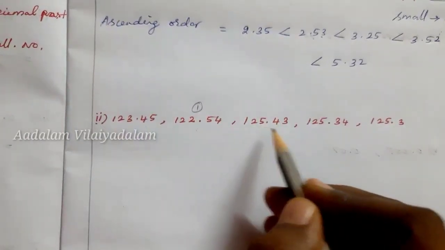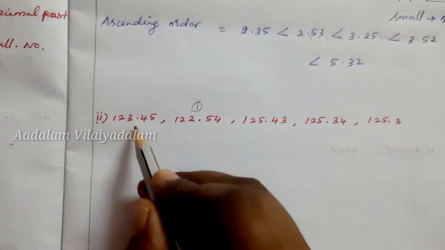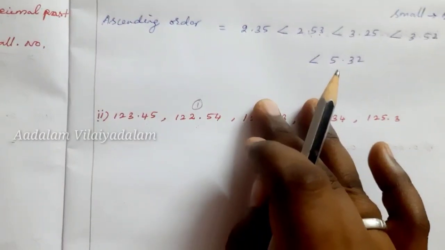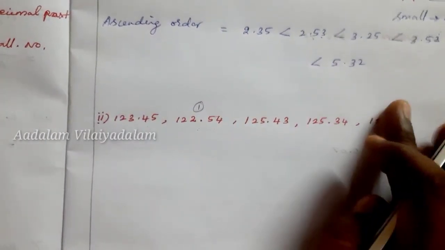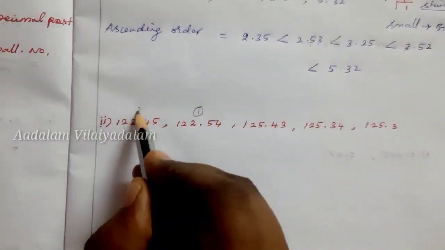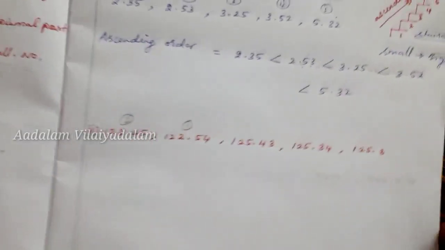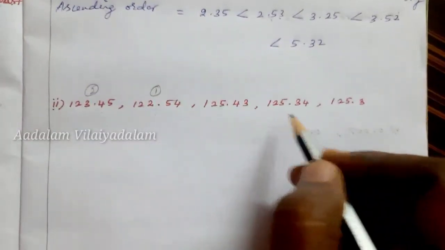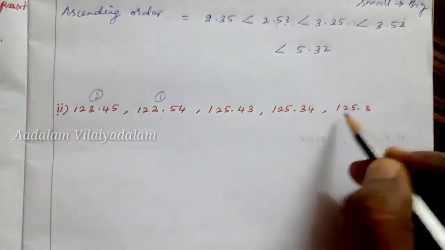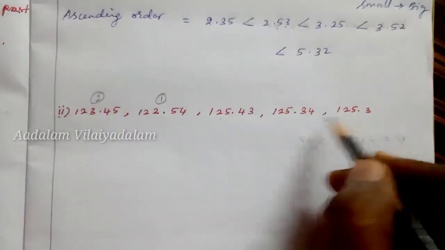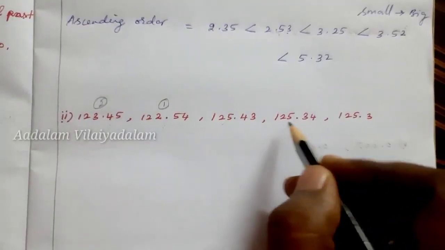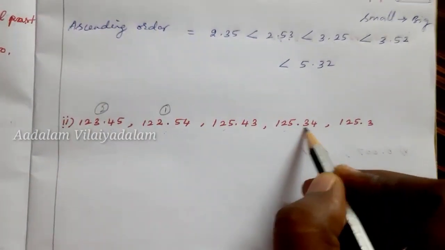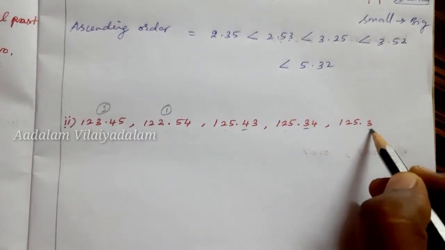So what will be the next one? 123, 125, 125. So just leave this. This is also 125. Now we need to write the next one, 123.45. Now these three decimal numbers have a common whole part, because 125, 125, 125. So we need to check the decimal part, or the fractional part. Here we get 4, here we get 3, here we get 3.